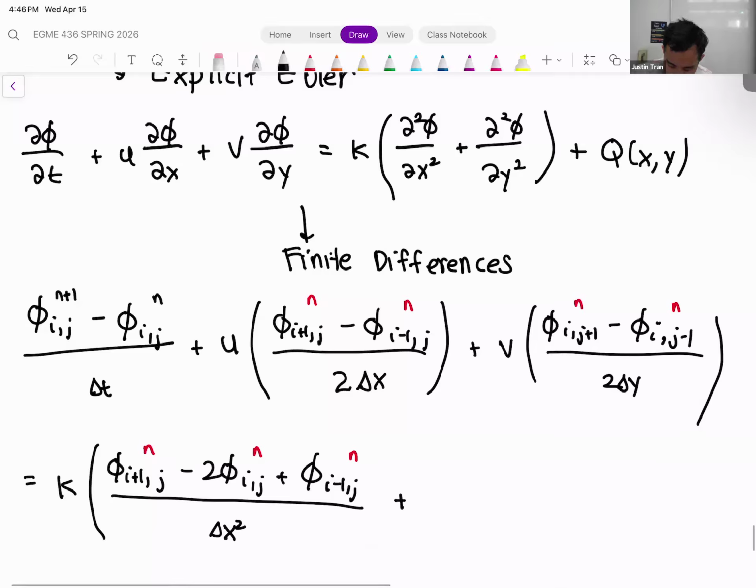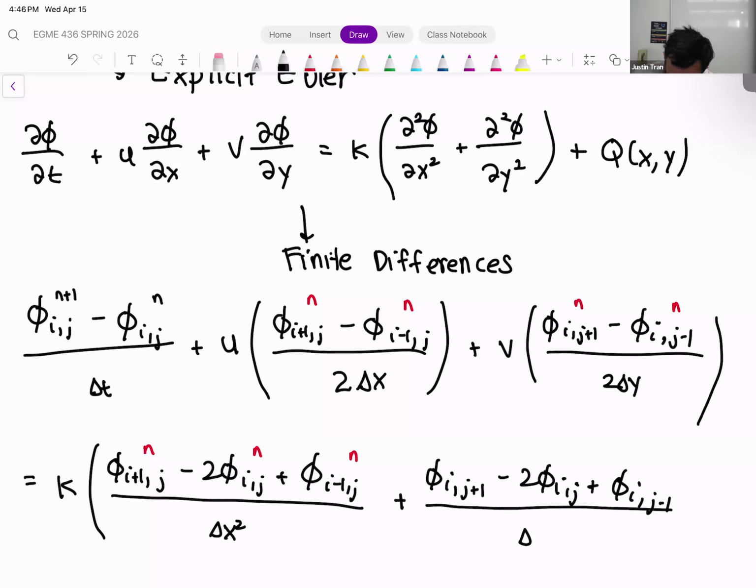Plus the same thing for the y derivative. So phi i j plus 1 minus 2 phi i comma j plus phi i comma j minus 1, all divided by delta y squared. All of these also evaluated at n.